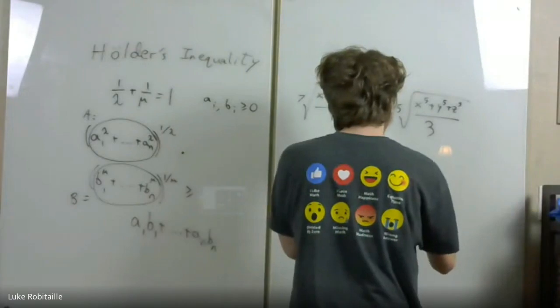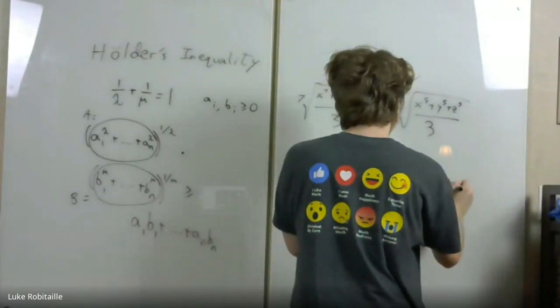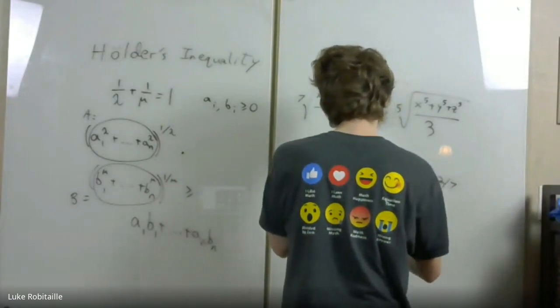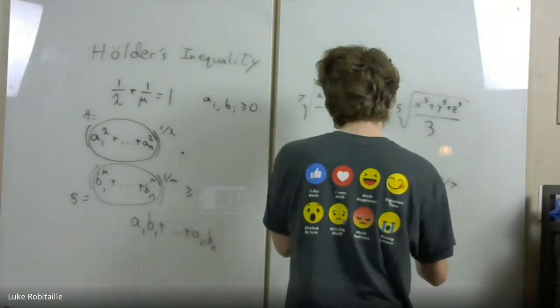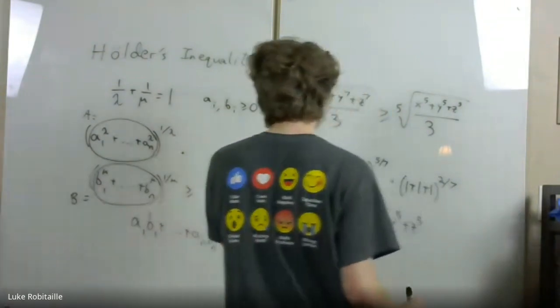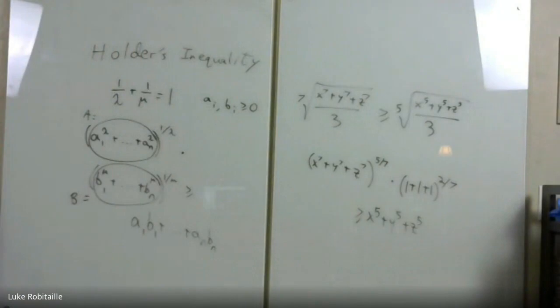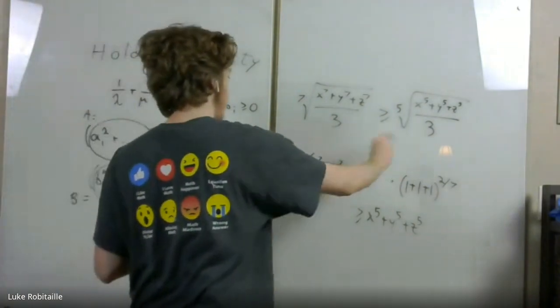Maybe 1 plus 1 plus 1, 2. Yeah, (1 plus 1 plus 1) to the 2/7 power is greater than or equal to this. And then you can do some algebra to see that these are equivalent. And then it's just sort of direct by Holder.